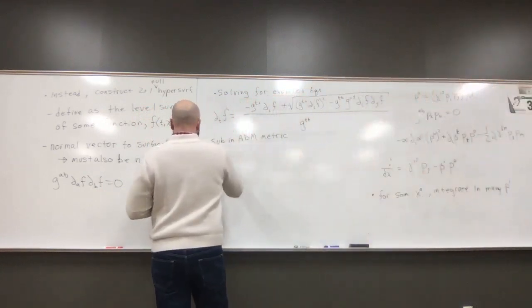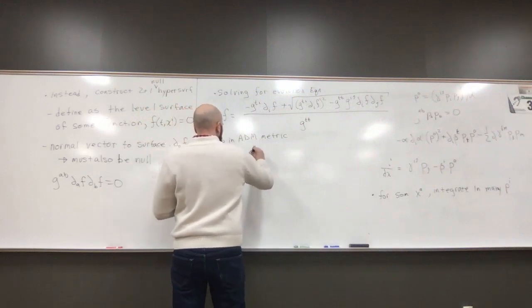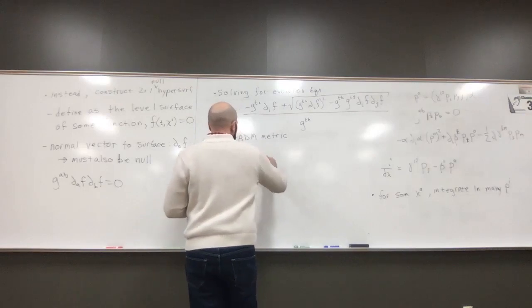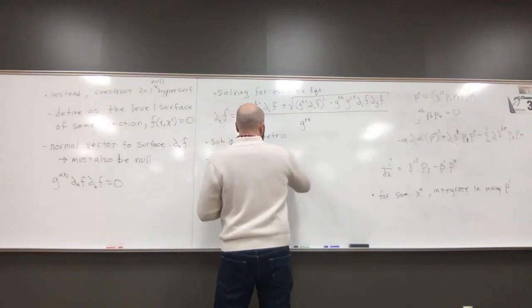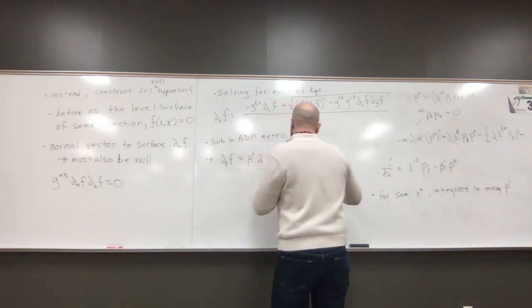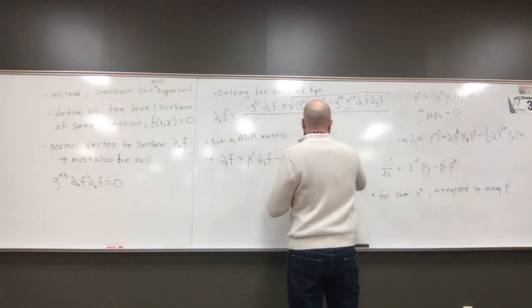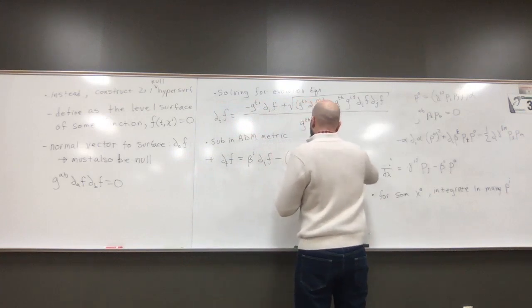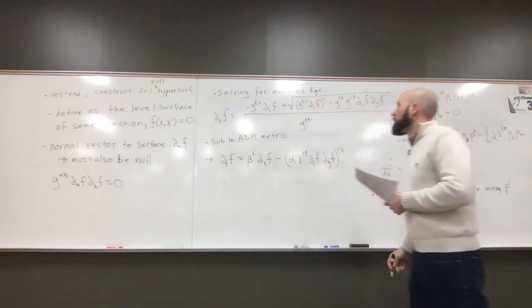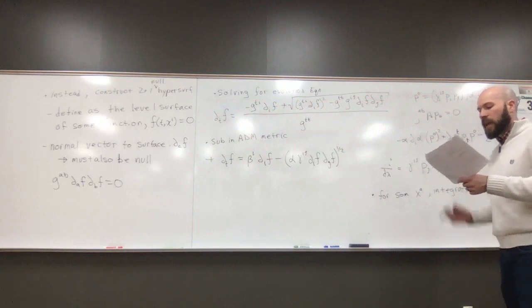What I get is partial with respect to time of f is equal to the shift vector beta^i, partial i of f, minus the lapse times the spatial metric, partial with respect to i of f, partial with respect to j of f, all that to the 1/2. Simpler and easy to work with.